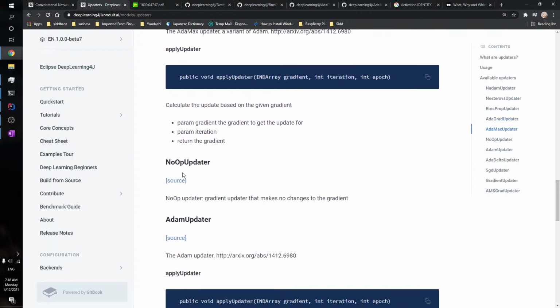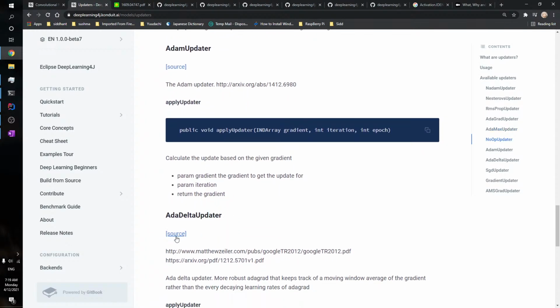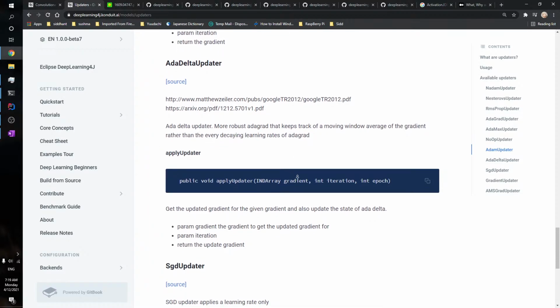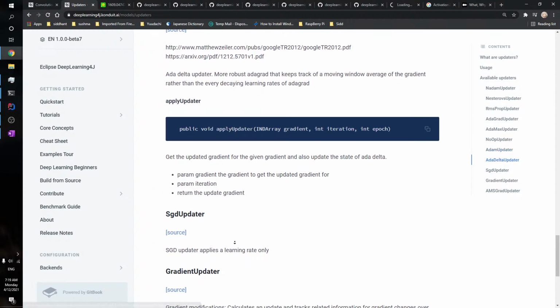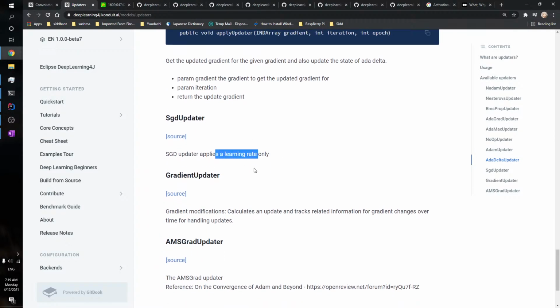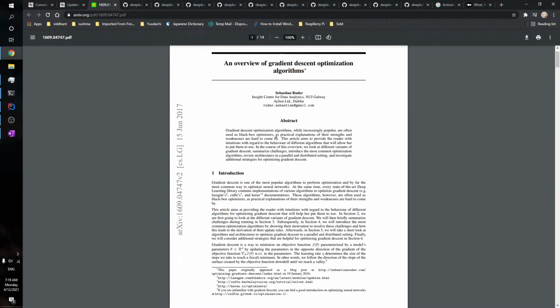Let's take a look at all of them. Okay, so this is the most common, or like the simplest one of them. Of Adam and beyond. Alright, here we go.